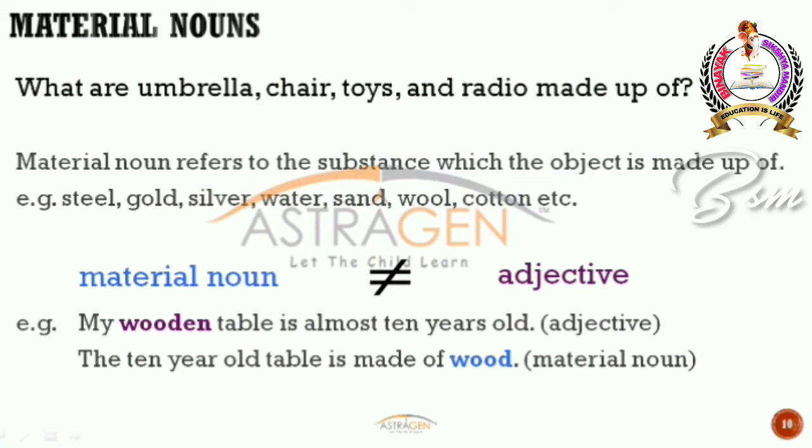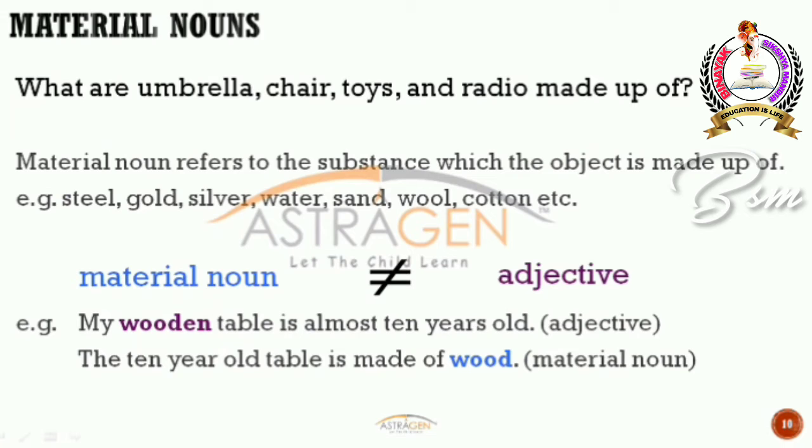So your answer might be big, small, large, or beautiful, or wooden, and etc. Right? So whenever you put the question how, and whatever answers you get, all those will come under adjectives, because you will describe that particular noun.